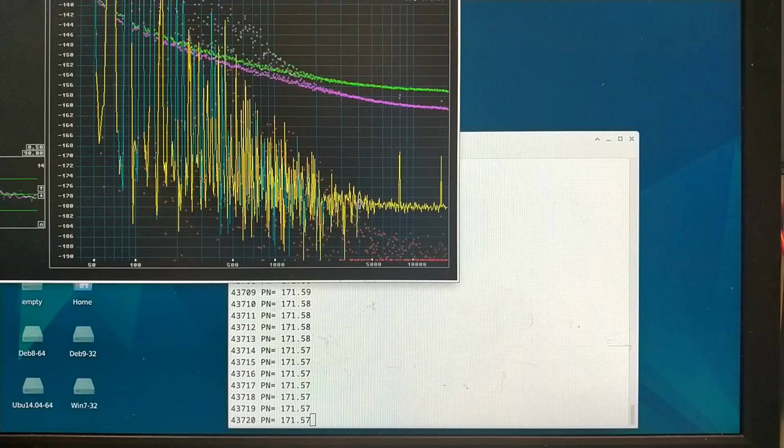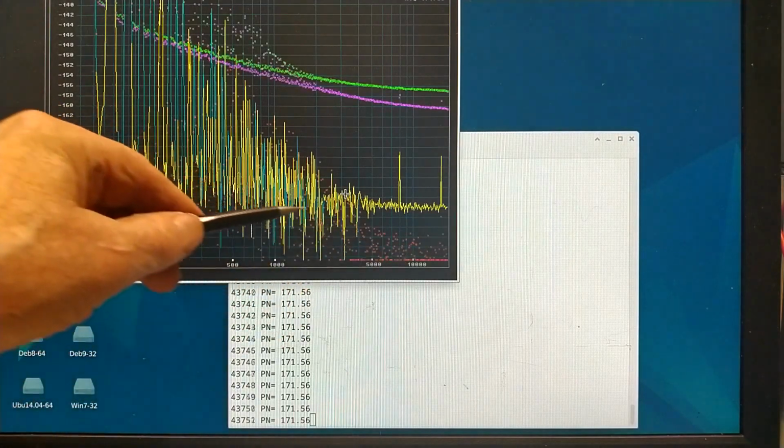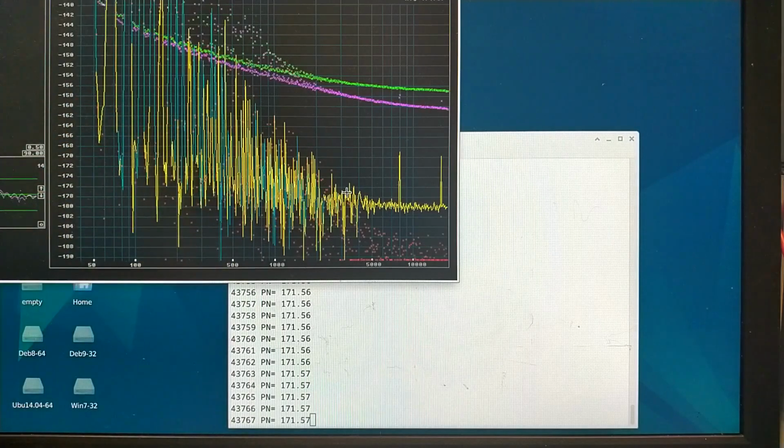And whether it starts to go up here or not is hard to judge, because the imaginary part comes up and is too close. This is after 3 hours and 20 minutes.